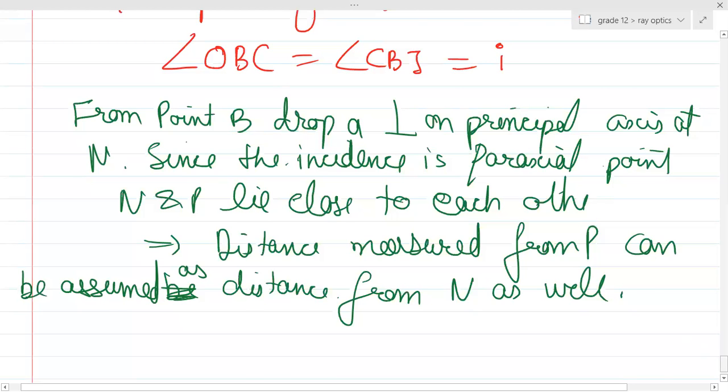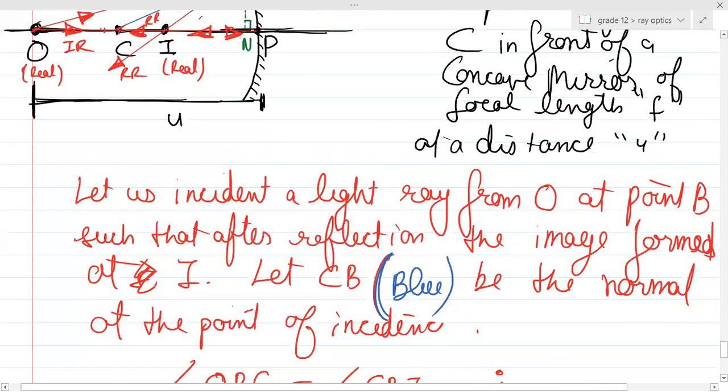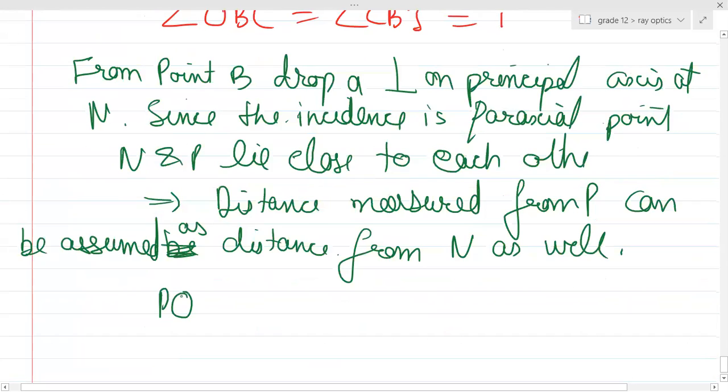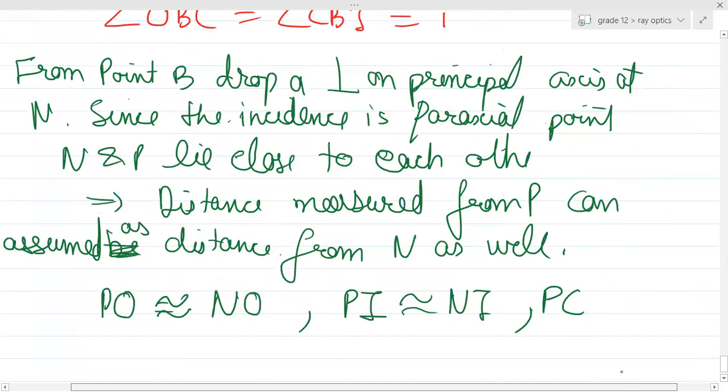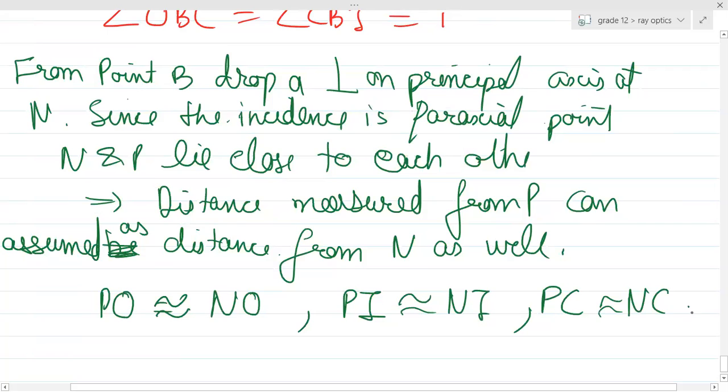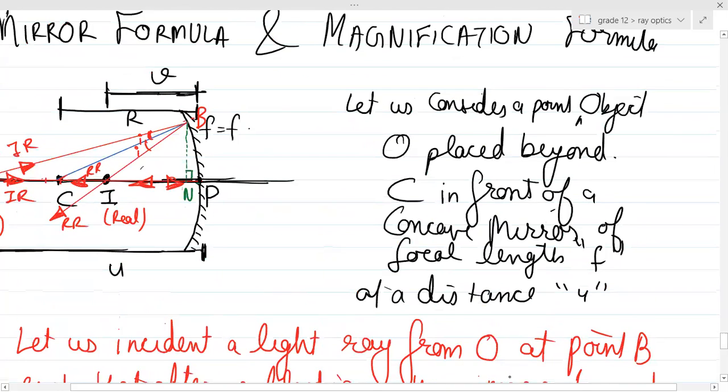So can I say this particular thing, guys? The distance from P to O is basically what? The object distance, right? Can I say PO will be approximated to NO, pole to the image will be approximated to NI, and PC will be approximated to NC? Yes or no?